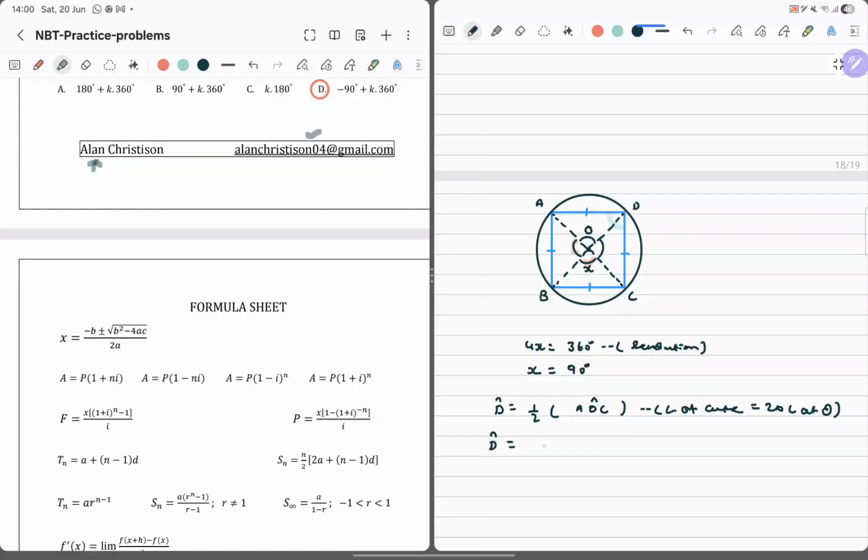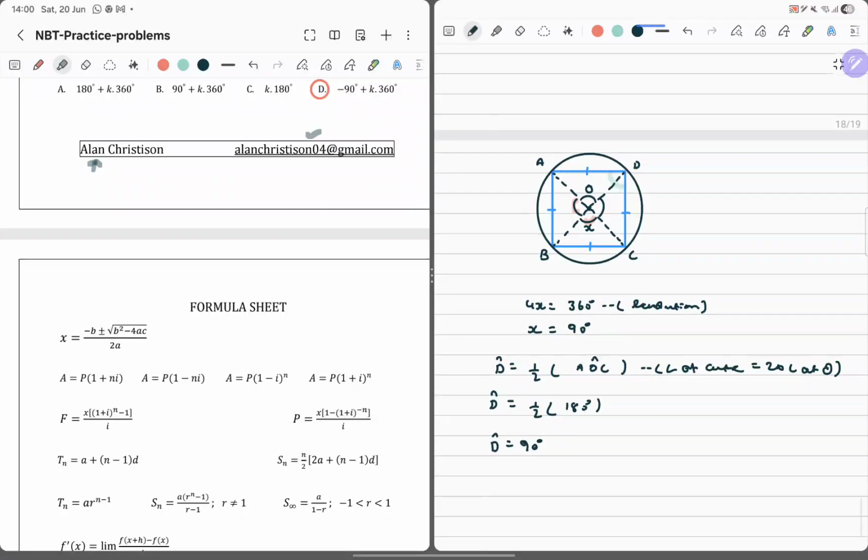So this means D is going to be equal to a half of, this is now 90 plus 90, which is 180. So D is 90 degrees. All right, the same will apply each time, whatever you look at for all these other angles. So that would be the case, essentially.